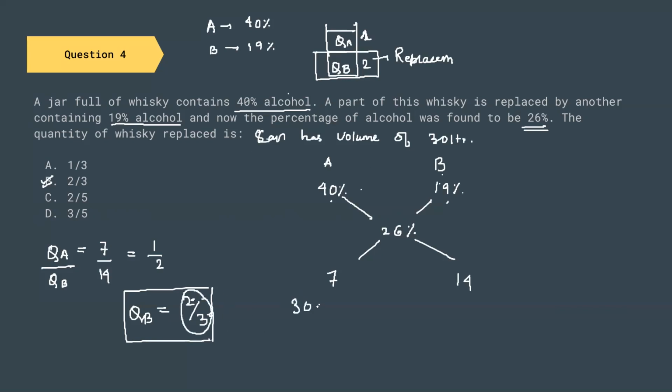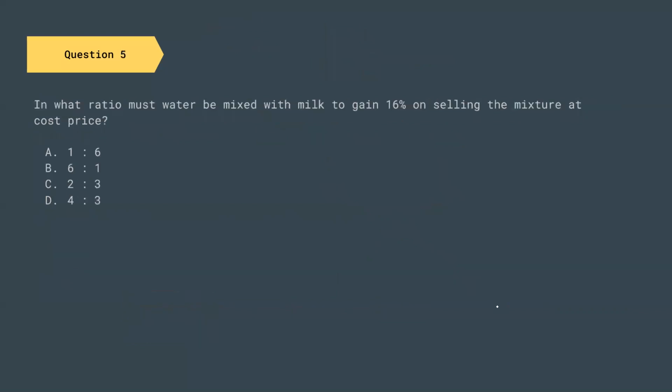So what is 2/3 of 30 liter? 2/3 of 30 liter is 20 liter. So you should say in that particular scenario that 20 liter of quantity A was replaced by quantity B. So I hope this question was clear to you. Now let us go to another question. This is another interesting question.